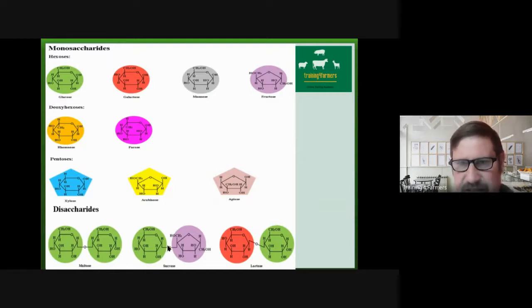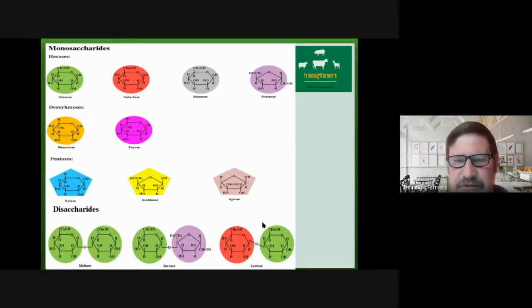So basically what they've done there is they knocked one oxygen out, and the extra arm that's becoming available links with that one there. So one molecule of fructose and one molecule of glucose bound together form sucrose. And lactose, which is milk sugar, has one galactose and one glucose stuck together.